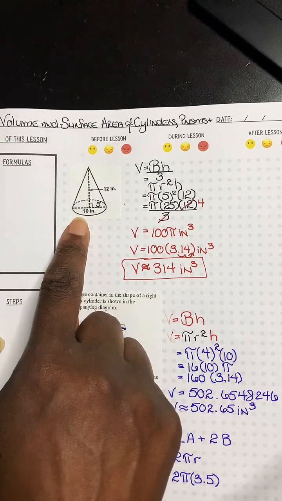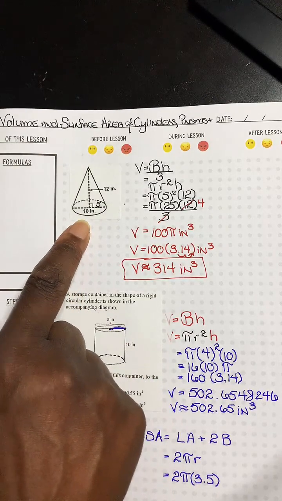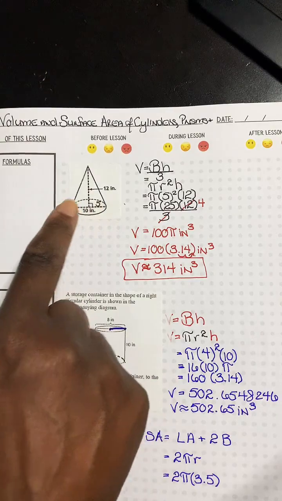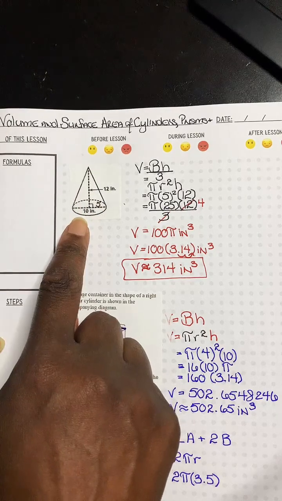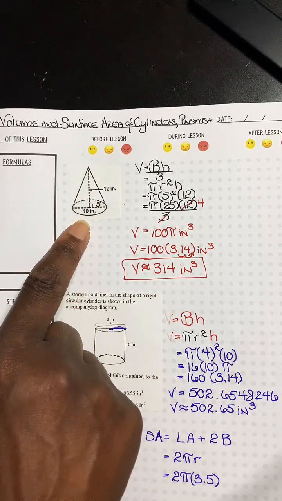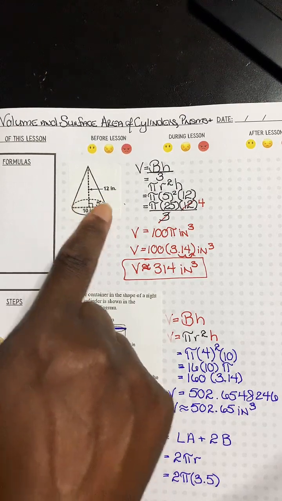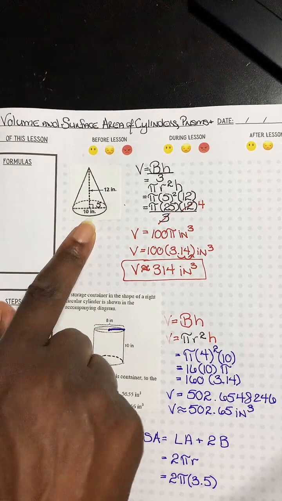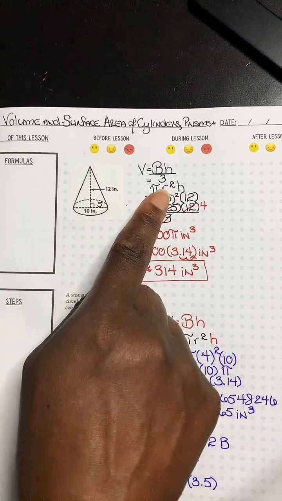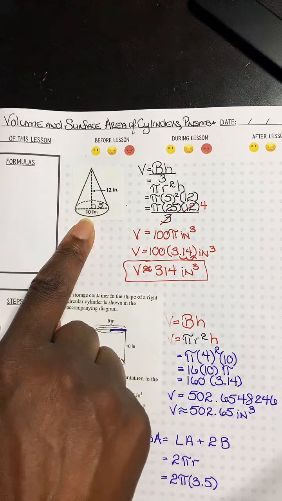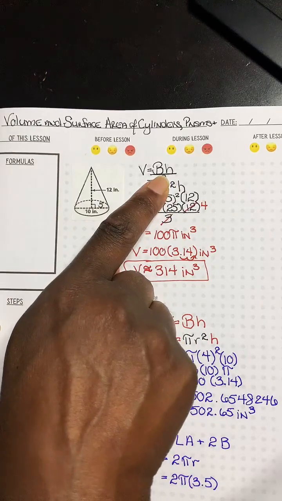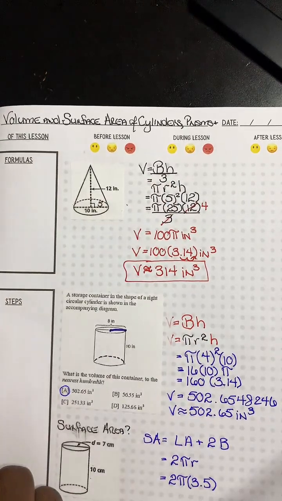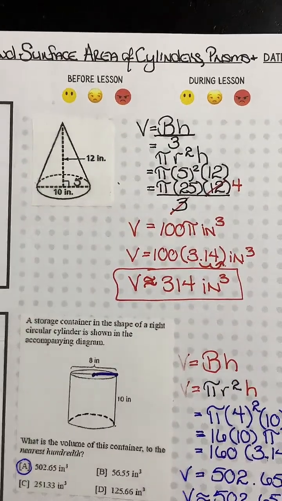To get the volume of a cylinder, you get the area of the base times the height, and then you divide by 3 to get the cone. If you have a cylinder, do not divide by 3. That's the easiest way to do this.